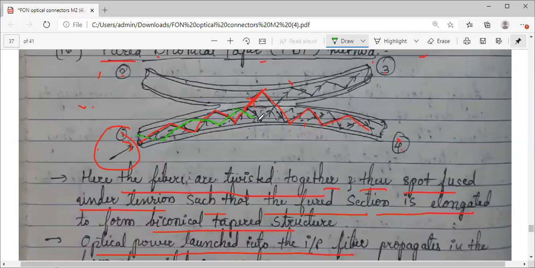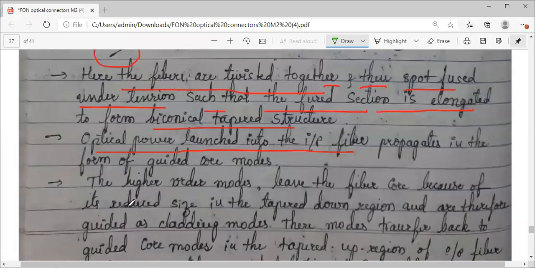Whenever it encounters this tapered region, it will go out, enter the cladding, enter the other optical fiber, and then propagate like this. This is the inside structure.